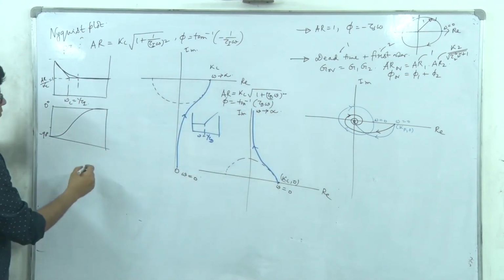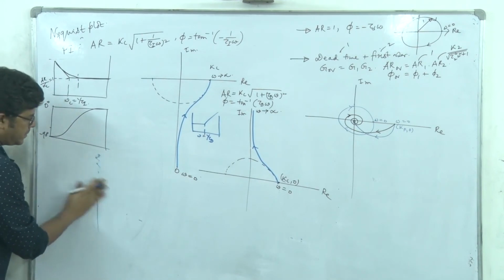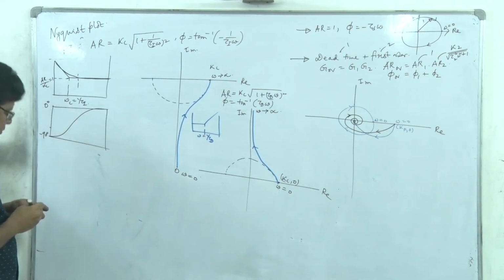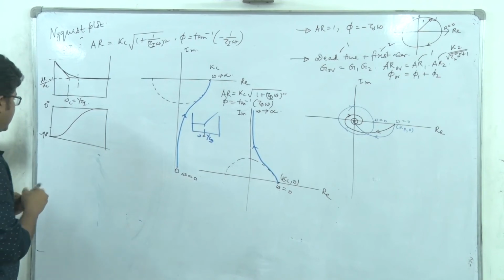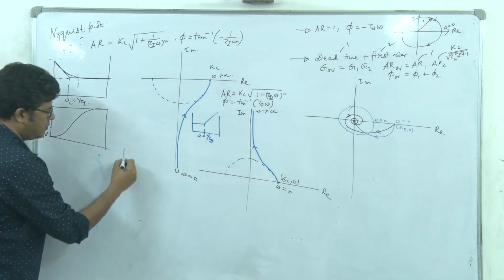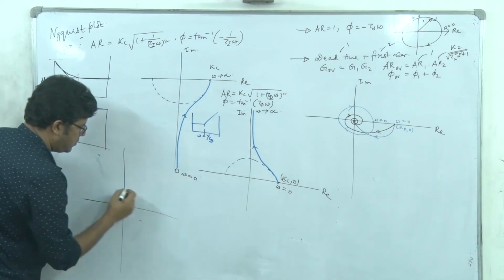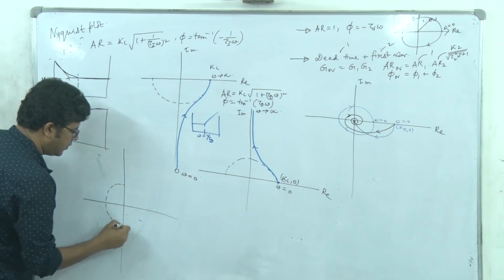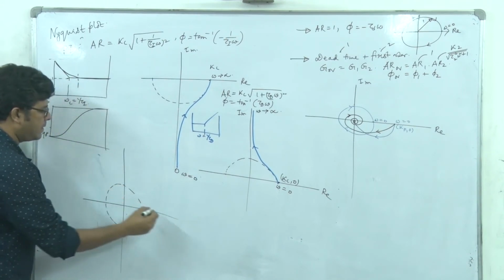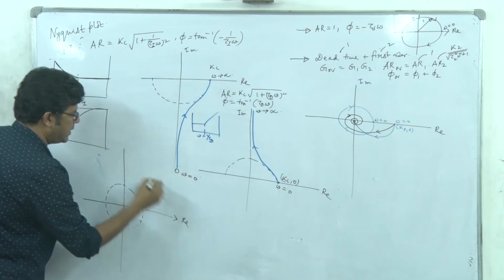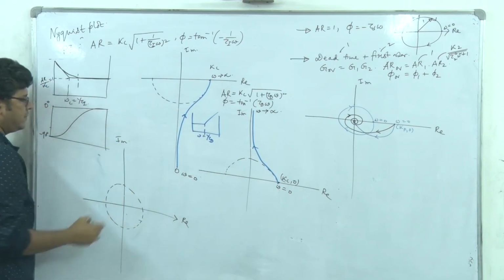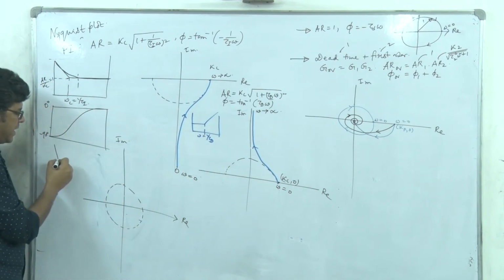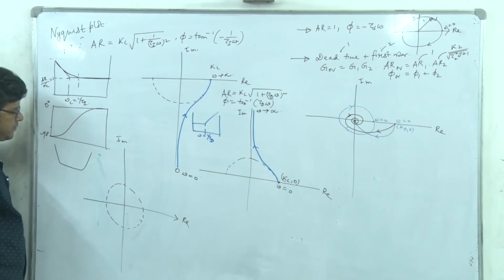And naturally, without doing anything, the Nyquist plot for the PID controller, so this is now the full circle, right? This is real axis, this is imaginary axis, and we have the standard plot is like this.